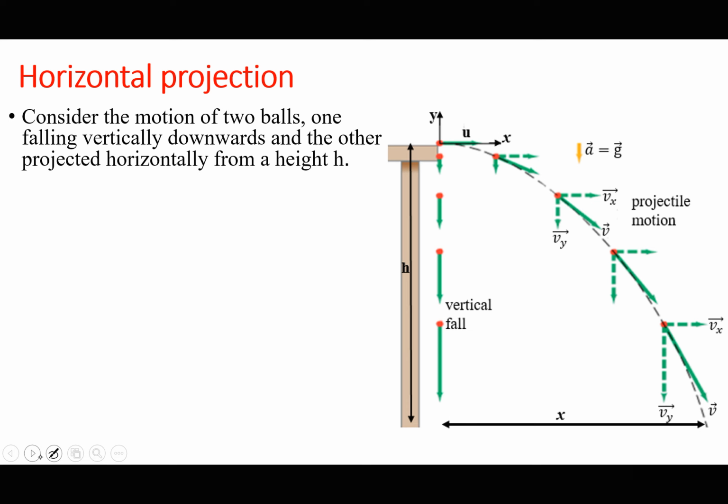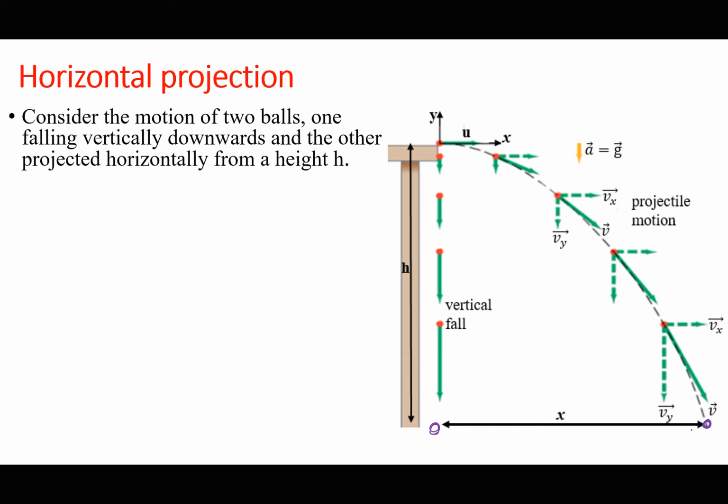So consider the motion of two balls. One is going to fall vertically downwards up to this point here, and one is going to be projected horizontally so that it falls at this point here. So consider the motion of two balls, one falling vertically downwards and the other projected horizontally from a height h.